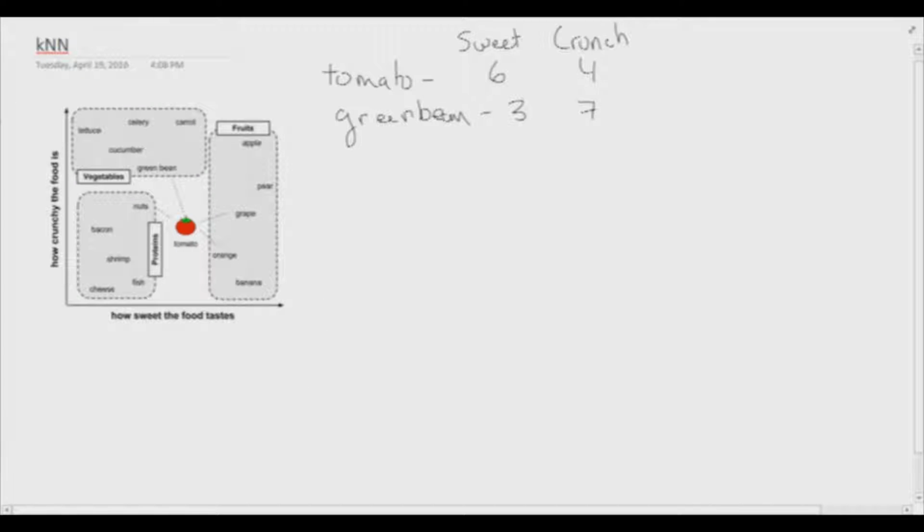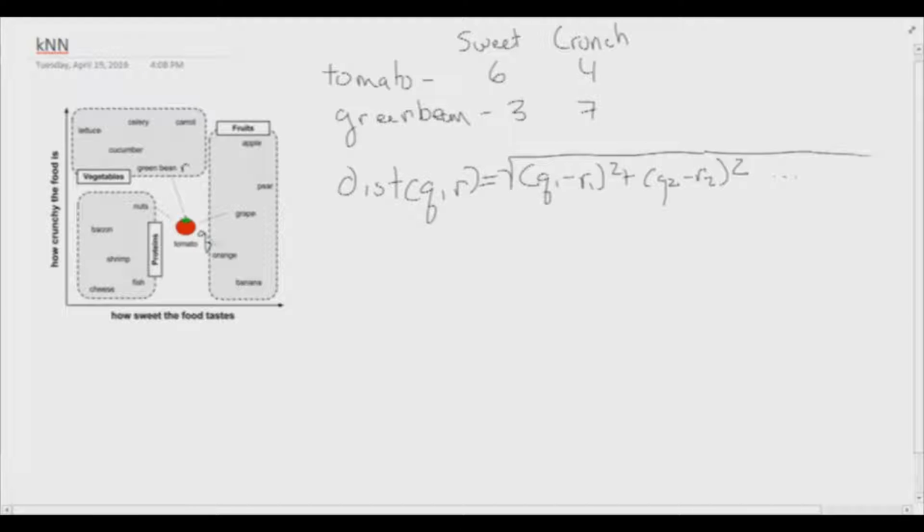Alright, so the distance is given by the formula: distance function of q and r. So let's say this is point q and this green bean is point r, is equal to the root of q1 minus r1 squared plus q2 minus r2 squared, dot dot dot, all the way to whatever the last feature is.